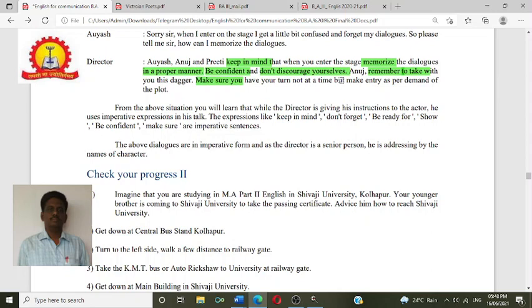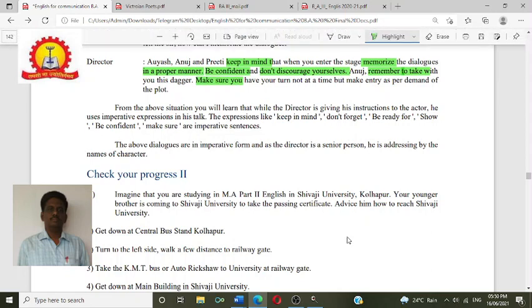In both these conversations, between a stranger and a citizen, and between the group of students and the director, you can see this imperative expression is used. So we are also supposed to use these imperative expressions while giving instructions.